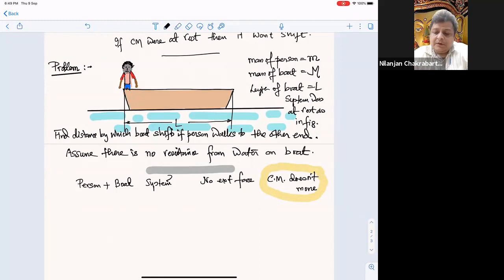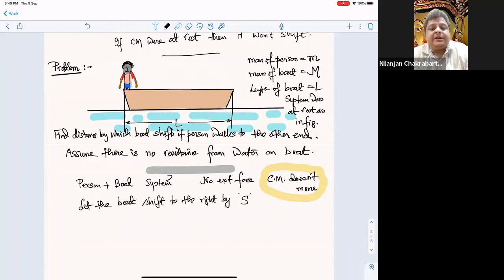So now let the boat shift to the right by s. You know the boat will obviously shift to the left. Why? Because the person will push the boat towards the left, and the boat will push the person towards the right. That is why the person can walk.